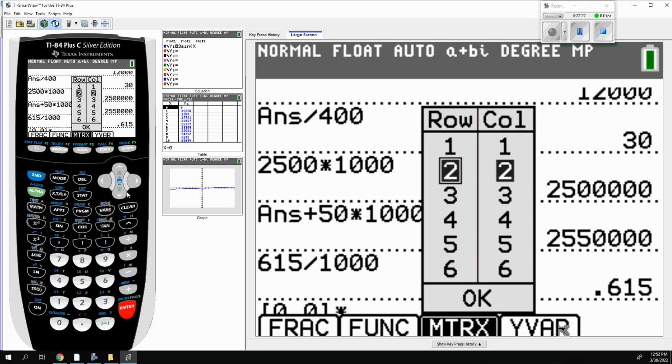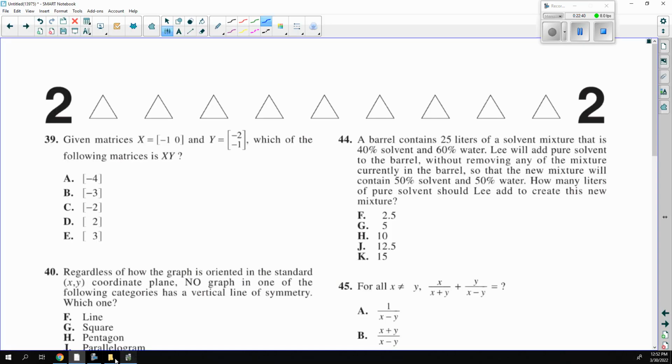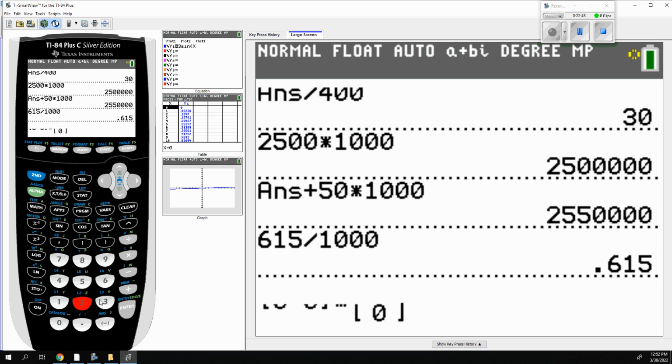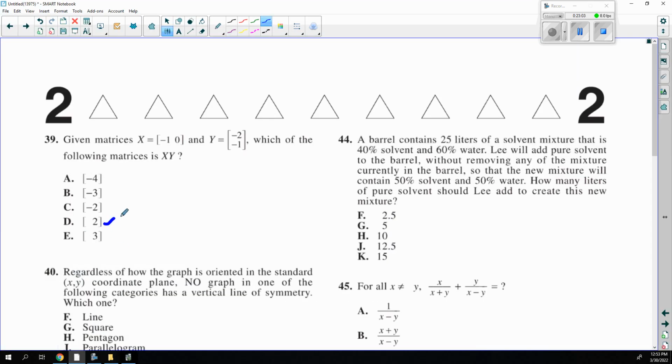It takes me longer because I'm on a machine that doesn't really respond to the taps. So here we go. It's negative 10 and negative 2, negative 1. Choice D.